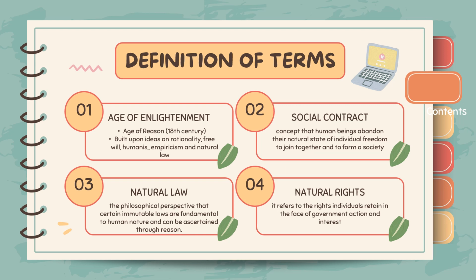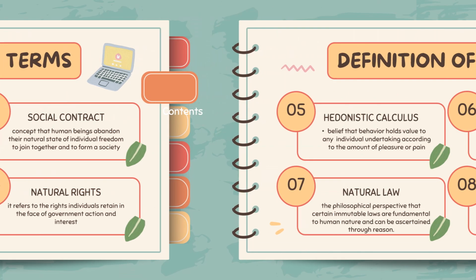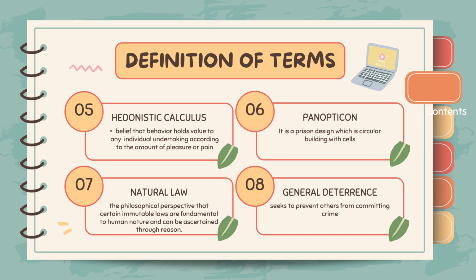Then we have hedonistic calculus, a belief that behavior holds value to any individual undertaking according to the amount of pleasure or pain that it can be expected to produce for that person. Hedonistic calculus is similar to utilitarianism.